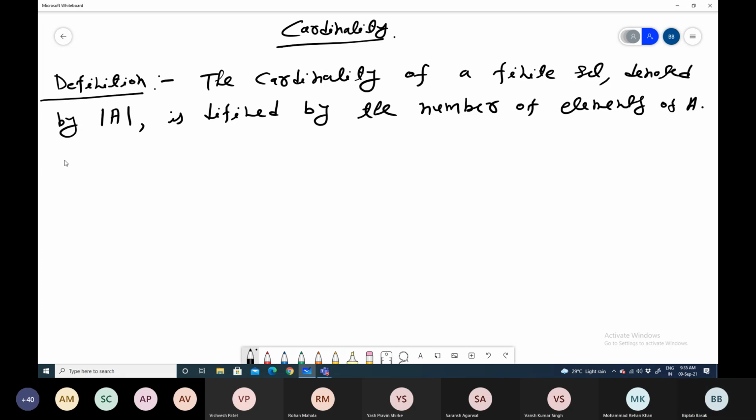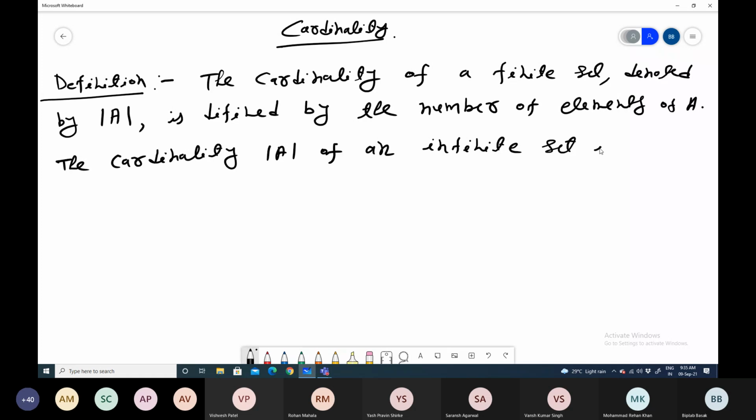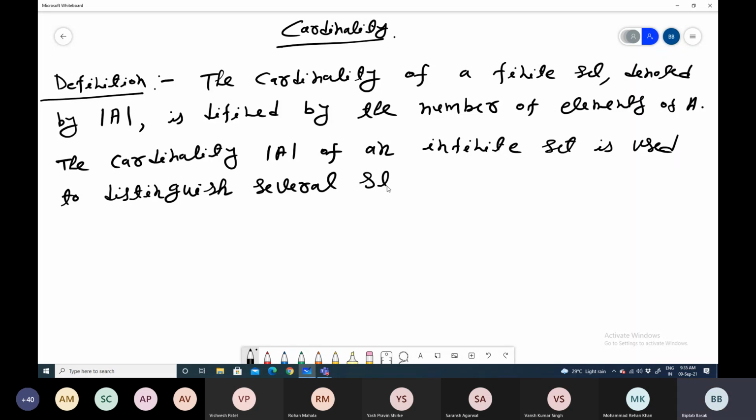So the cardinality of an infinite set is used to distinguish several stages of infinity.